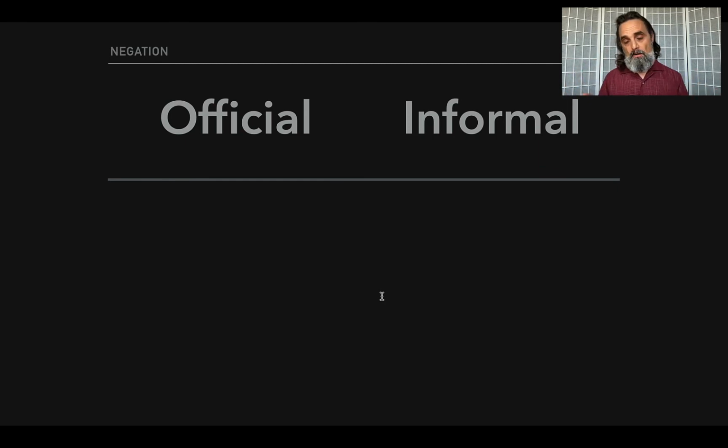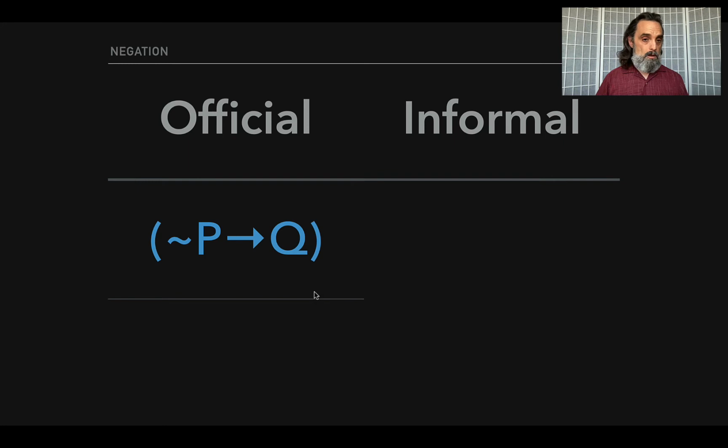But I want to close this video off in the discussion of the grammar by talking briefly about official and informal notation. You'll remember that informal notation is a way of dropping parentheses, and it says when you're done building a sentence, you can drop the very external parentheses. So for example, we have this conditional, parenthesis, negation, P, arrow, Q, parenthesis, it's a conditional.